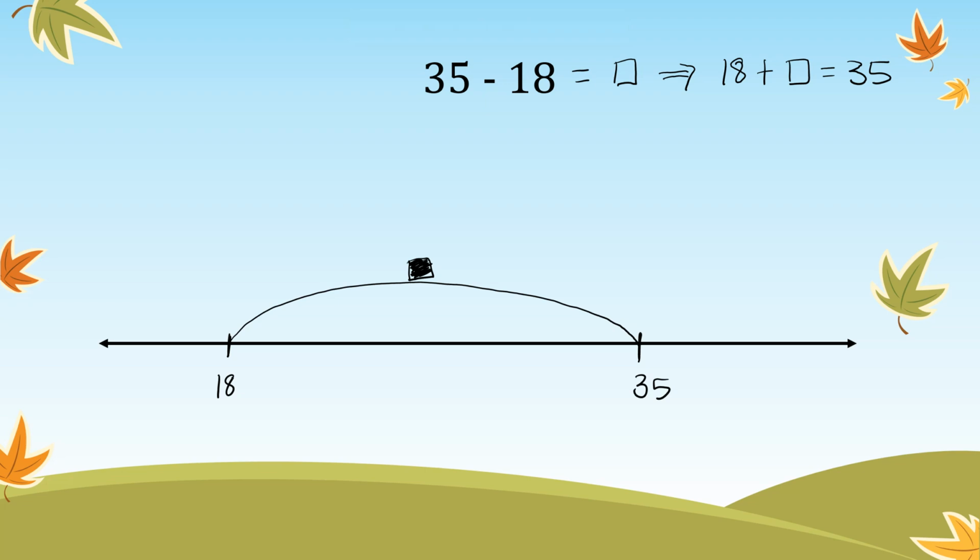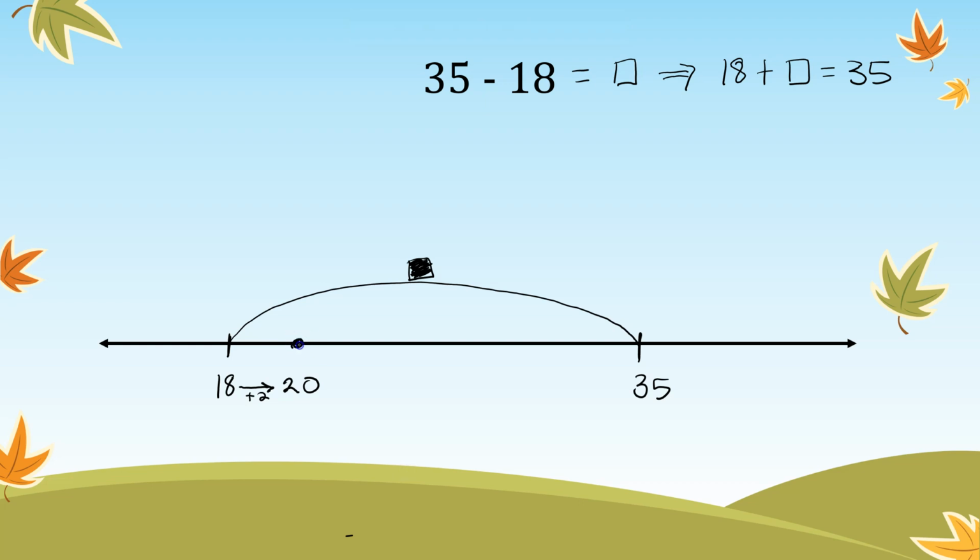Well, to me, a nice number would be like, say, 20. So I'm going to slide 18 over to 20. That means I'm going to go up 2 units to 20.